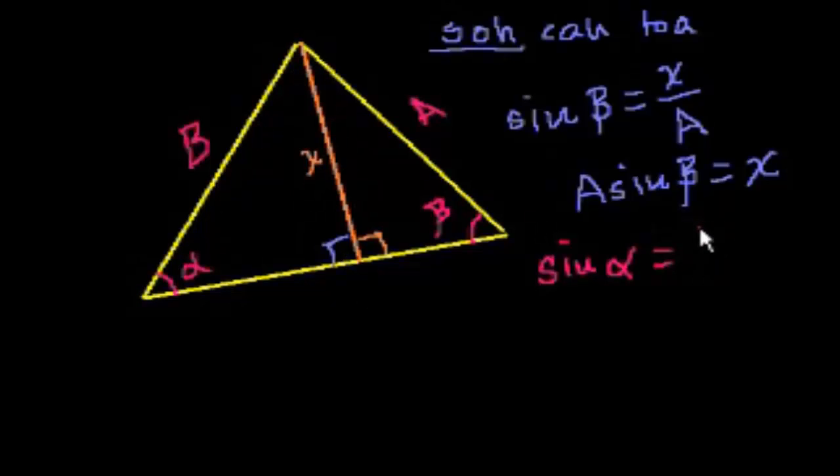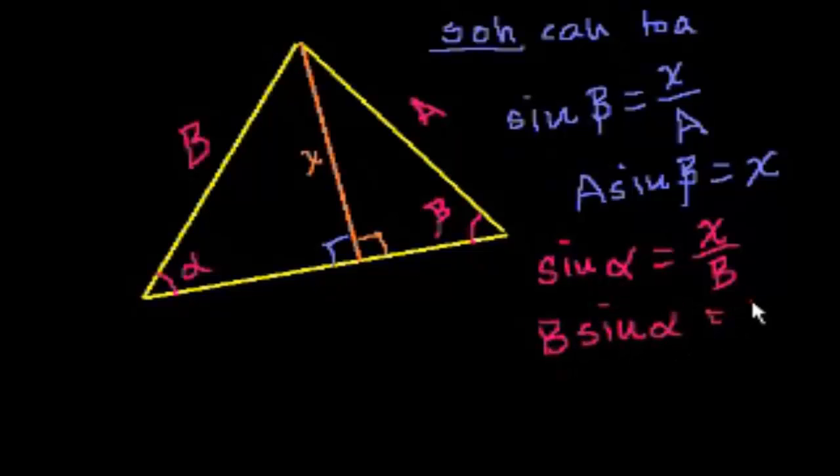The opposite is x, and the hypotenuse is b. Let's solve for x again: multiply both sides by b, and you get b sine of alpha is equal to x.